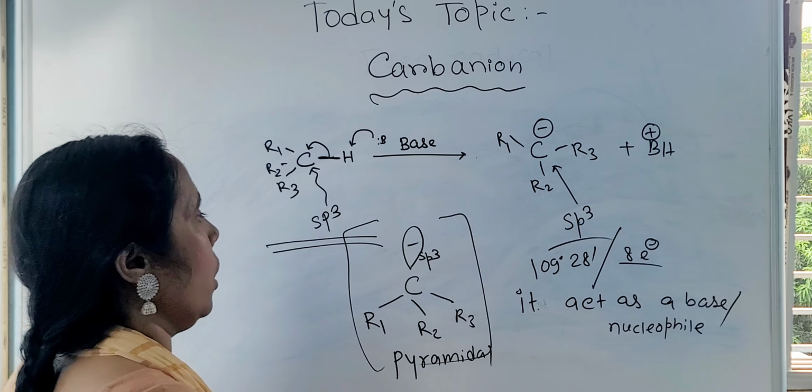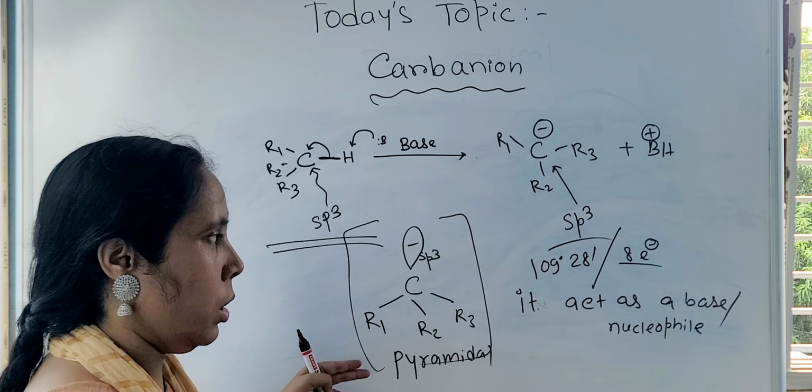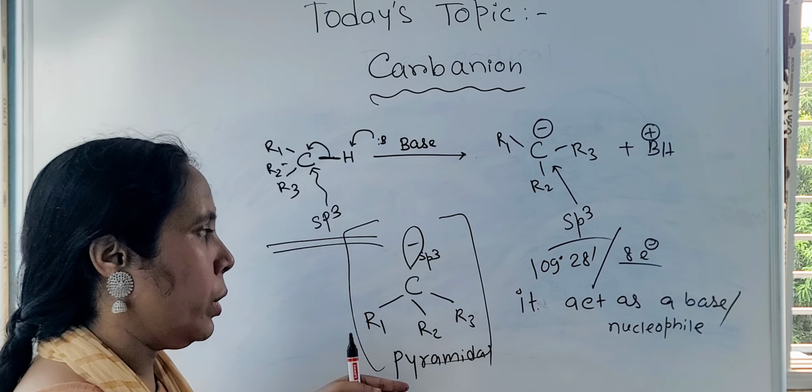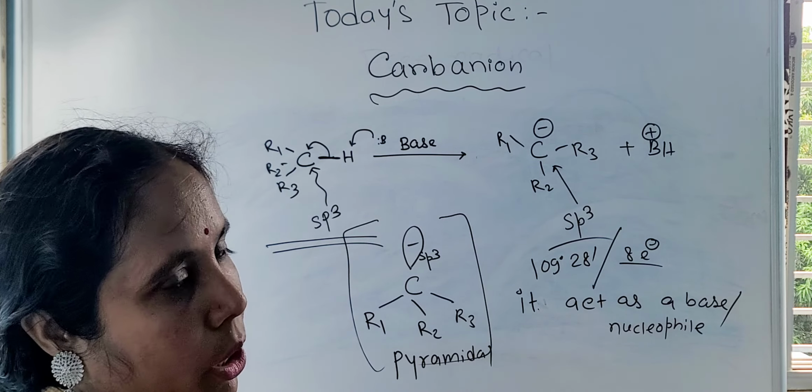Now, already we told how it is formed, its structure, and how it acts. Now we are coming to the stability factor, just like carbocation and free radical.